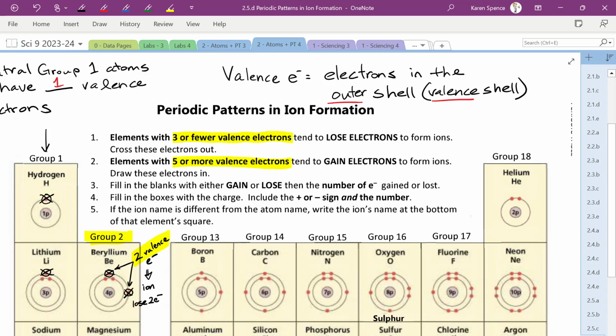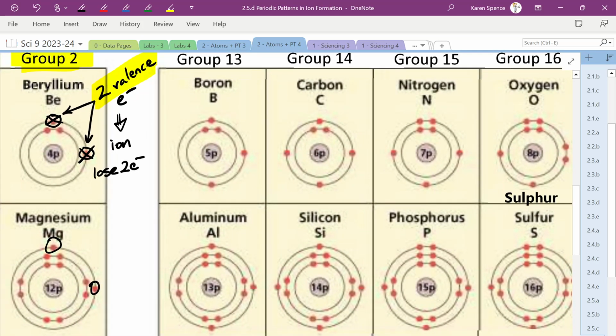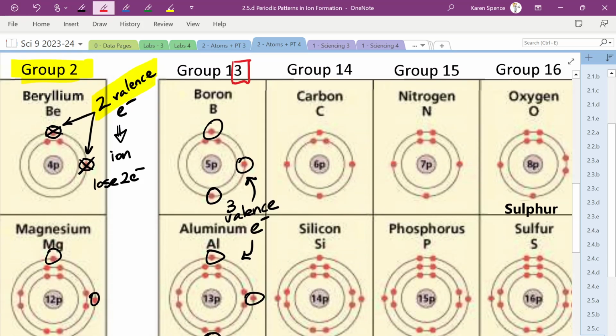Let's look at group 13. How many valence electrons in group 13? 3. 1, 2, 3 valence electrons. So when anything from group 13, oh my gosh, look, 13 has how many? 3.